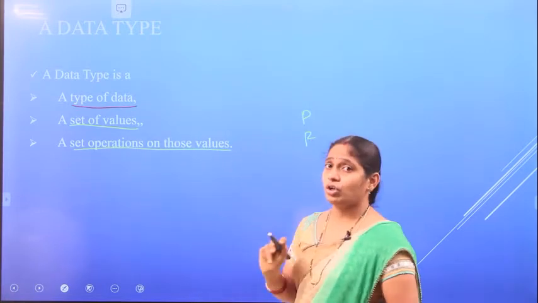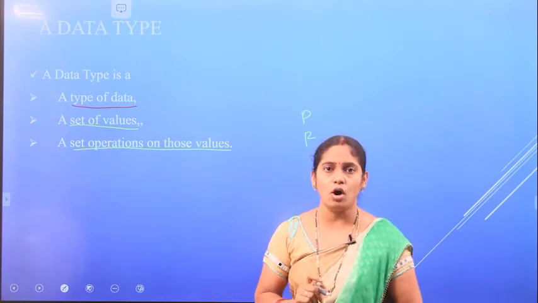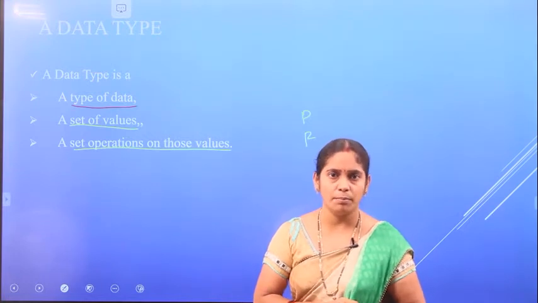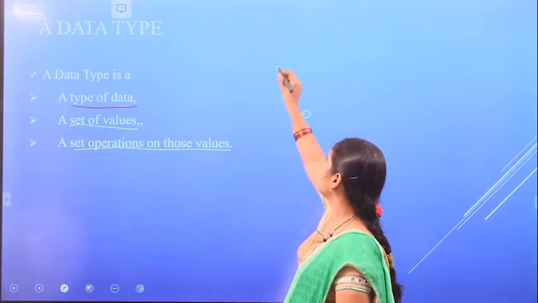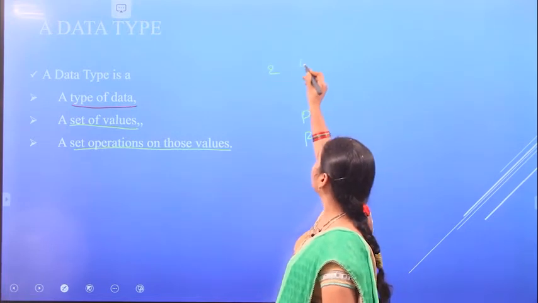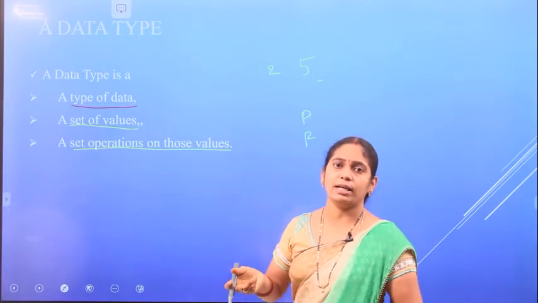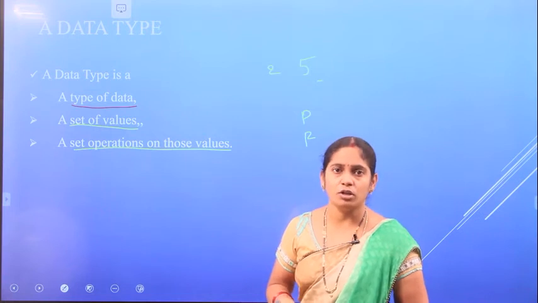And also the set of operations on those values. What operations can we perform? In our previous example, we considered the first value as 2 and the second value as 5. And what operation did we perform on those?